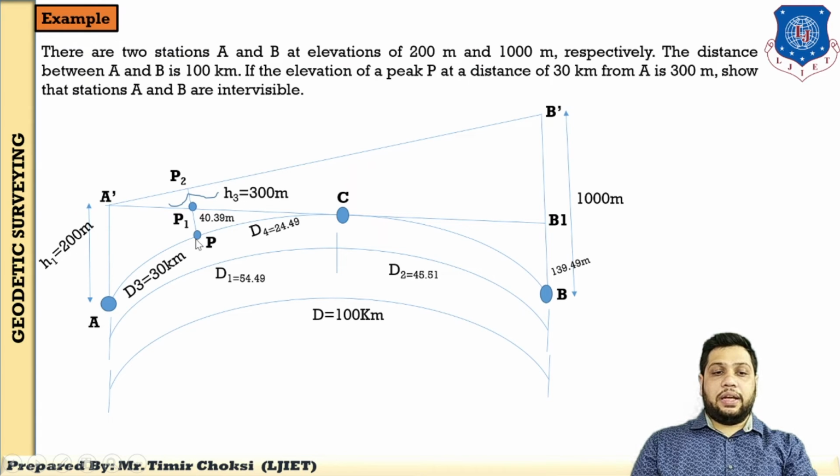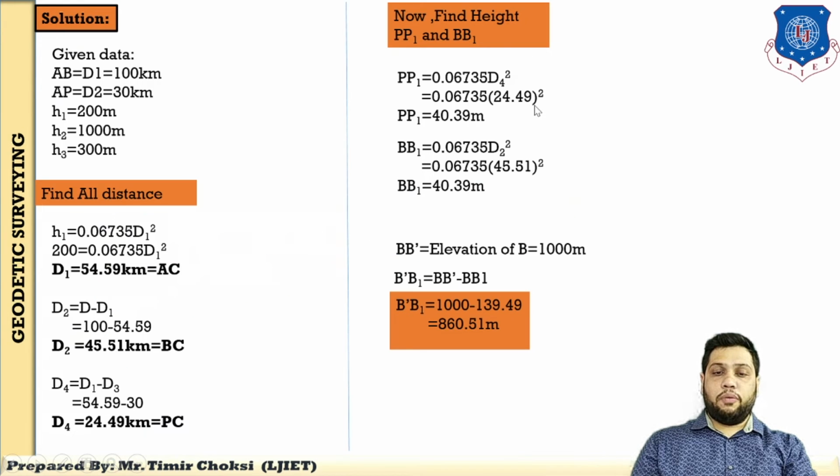When you find the height PP1, consider the distance D4, not D3 and not D1. Here all the distances are considered from the visible point to the station point. So D4 is 24.59. Put the value of D4 and get the answer of PP1.